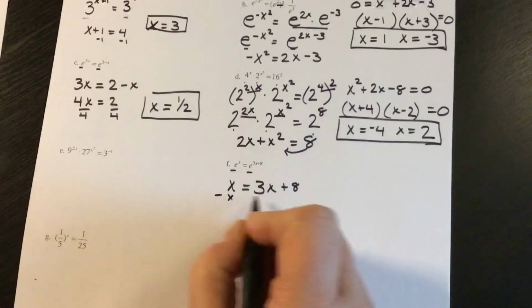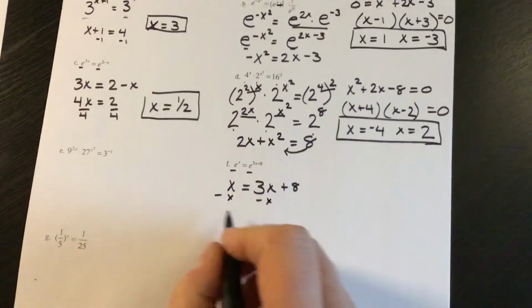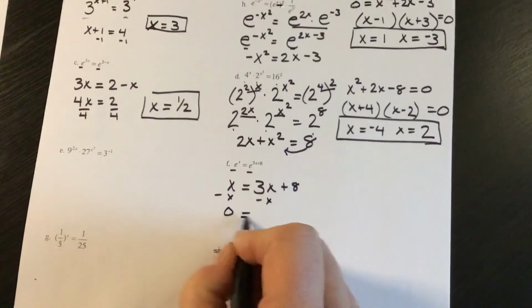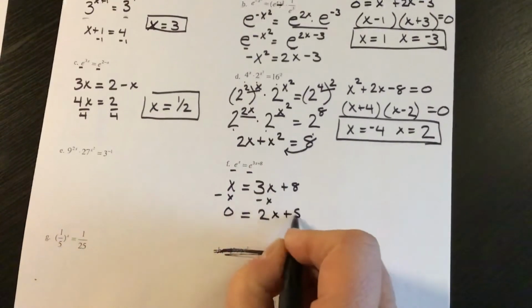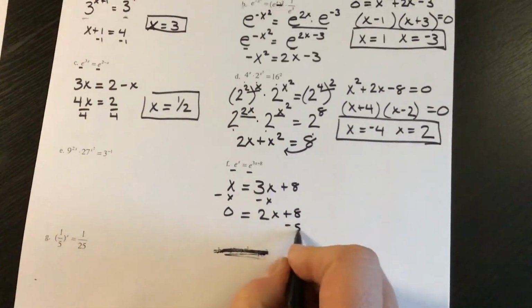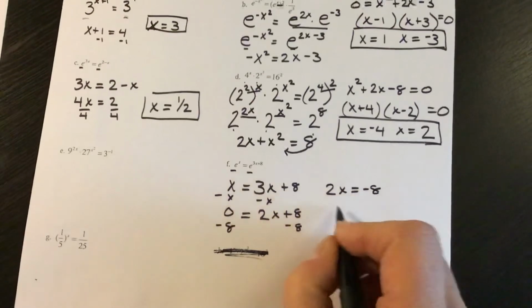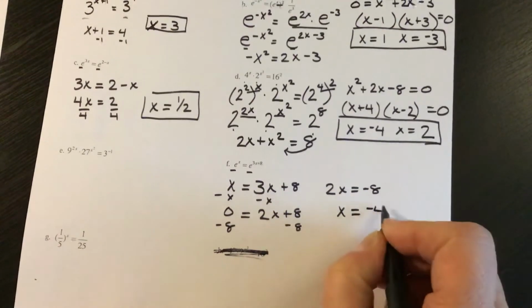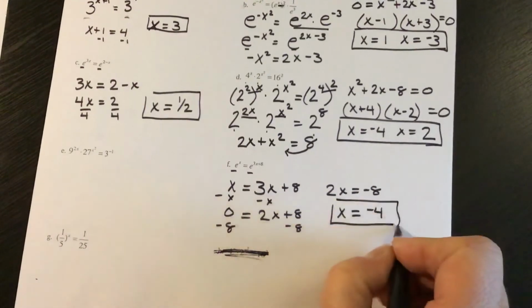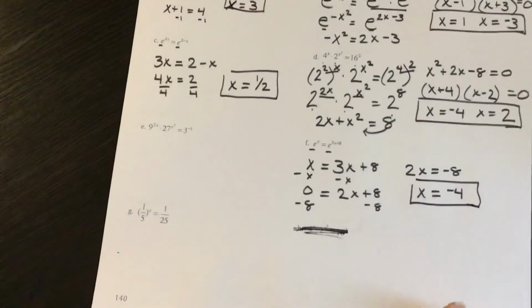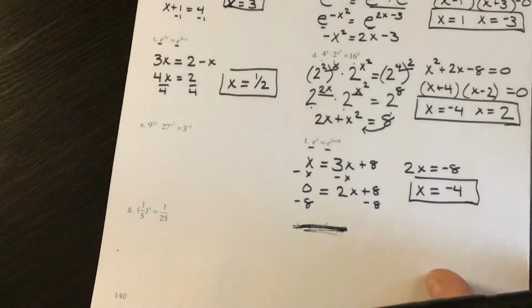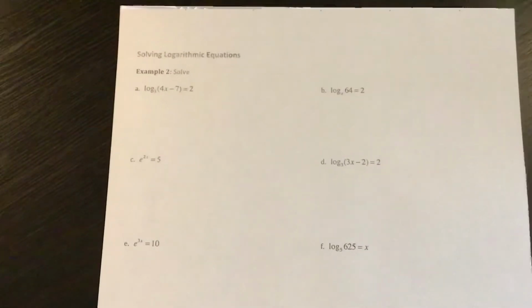If I subtract x here, I'm going to have 0 equals 2x plus 8. I'll subtract 8. So 2x is -8, and x is -4 when I divide by 2. And I'm going to leave E and G alone, and we're going to do those in class before we work on our assignment, just as a bit of a review.